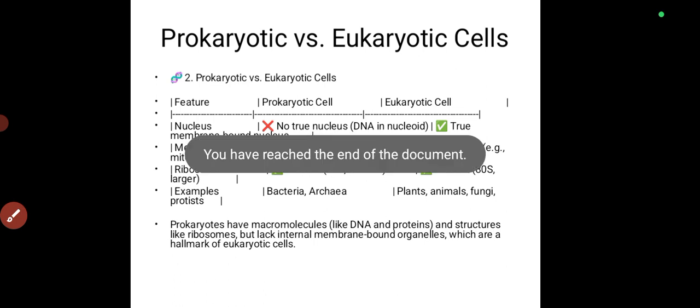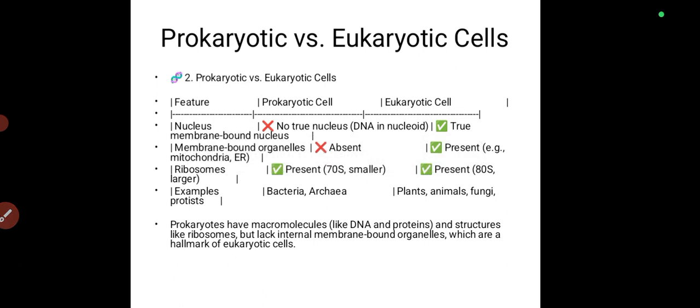Now, the prokaryotes versus the eukaryotes. I'm going to mention the features and then we will talk about whether the prokaryotes have them or whether the eukaryotes have them. Now, we have the membrane-bound nucleus. In the prokaryote, it is absent.